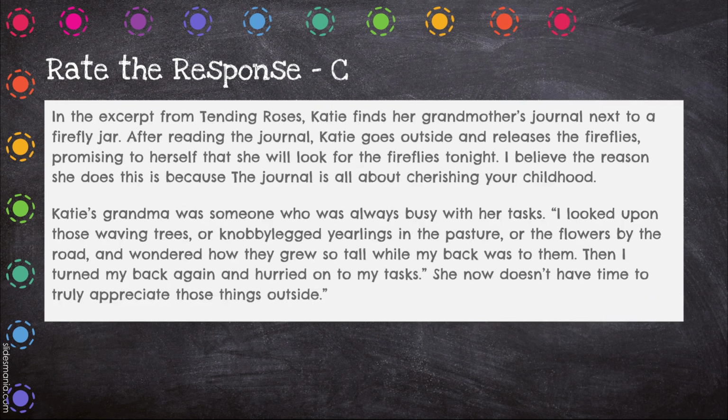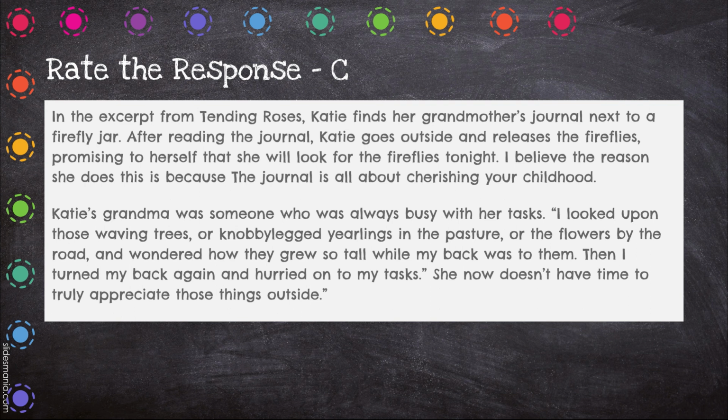This example is on 2 slides, and I'll read, you'll follow along, and then we'll talk about it. In the excerpt from Tending Roses, Katie finds her grandmother's journal next to a firefly jar. After reading the journal, Katie goes outside and releases the fireflies, promising to herself that she will look for the fireflies tonight. I believe the reason she does this is because the journal is all about cherishing your childhood.